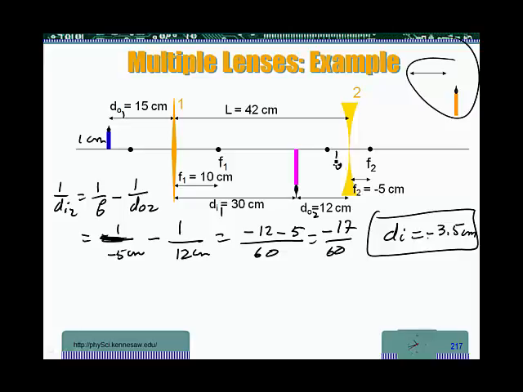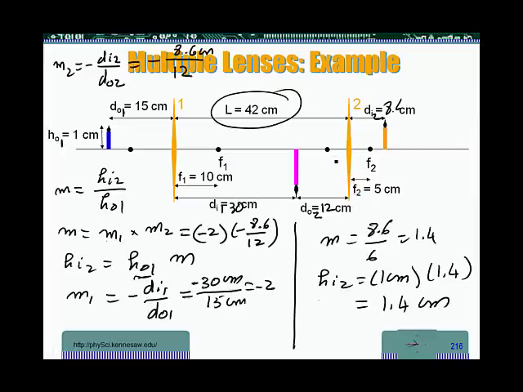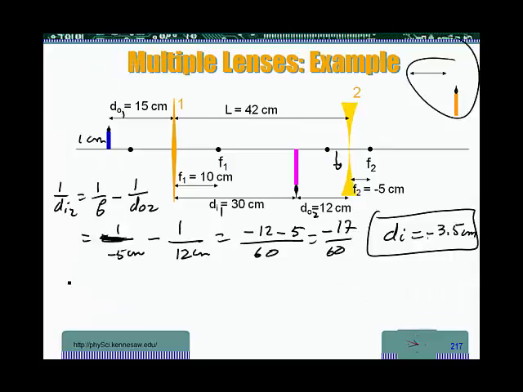Okay, now let's find the magnification. We calculated the first magnification last time as M1 equals 2, and the second magnification is going to be minus DI2 over DO2, and in this case it's minus 3.5 over DO2, which is 12 centimeters, so that's 0.29.